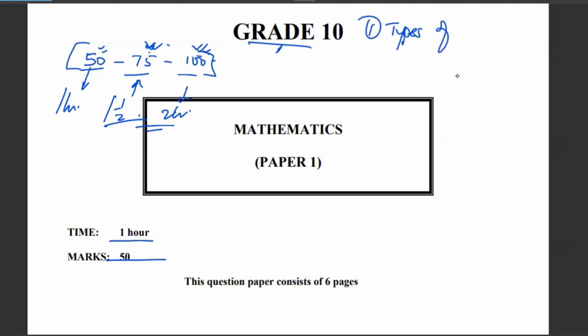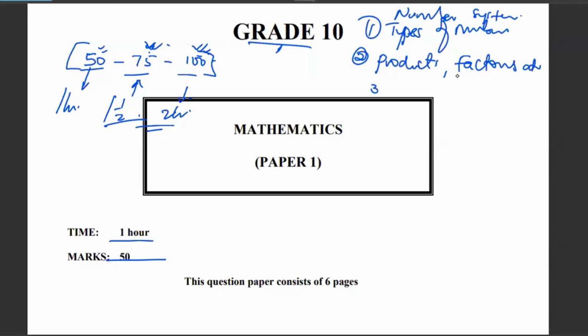Sometimes we call it the number system. Okay, the number system. Then 2, we know that there is algebra, but this algebra is broken down into, we can have products. Okay, products, we can have factorization.